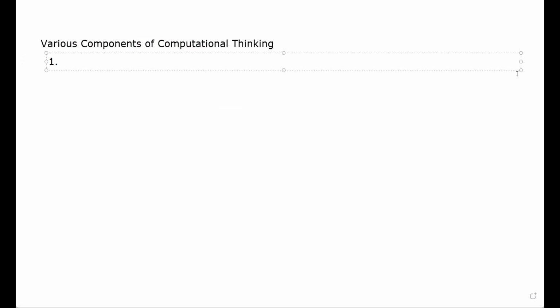There are a few components of computational thinking. There are various components of computational thinking. What are these components? The first and the foremost important component of computational thinking is analysis.